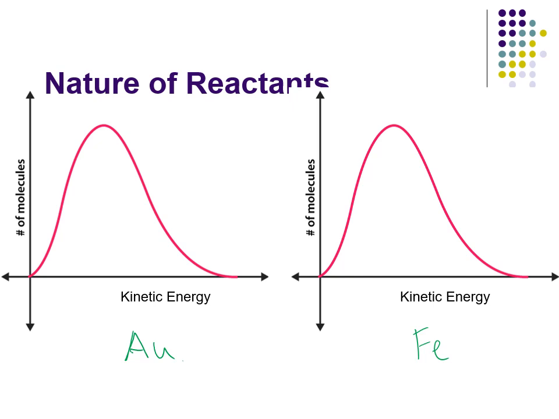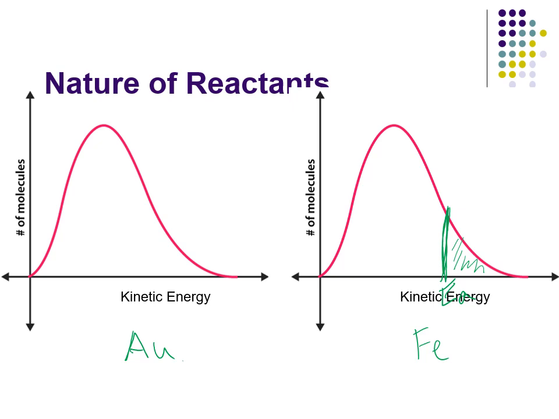Iron will oxidize, and that particular reaction has a certain activation energy. So to get iron to oxidize, let's say it requires a certain amount of energy, so that's the EA, activation energy, to get iron to oxidize. So there's a bunch of the iron particles that will have the necessary energy to do that reaction. Because they're iron, they have a certain amount.